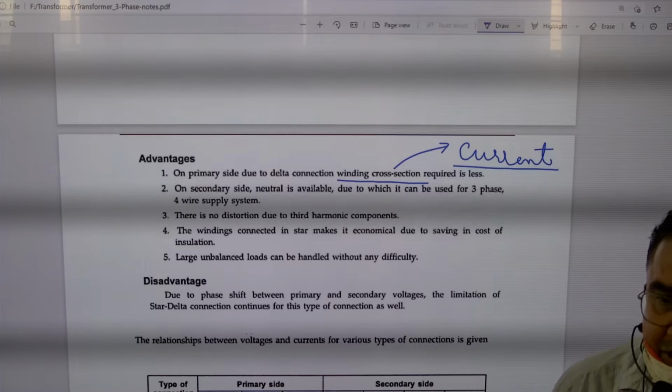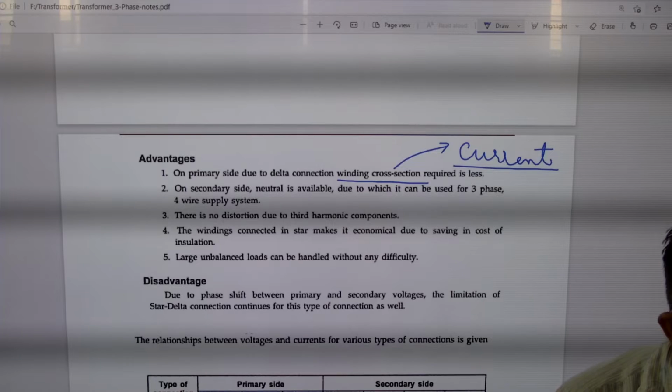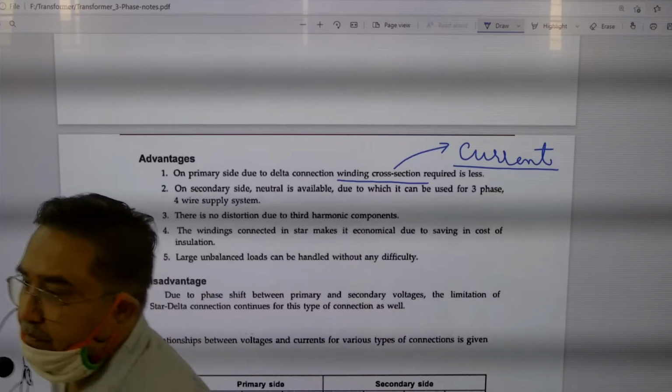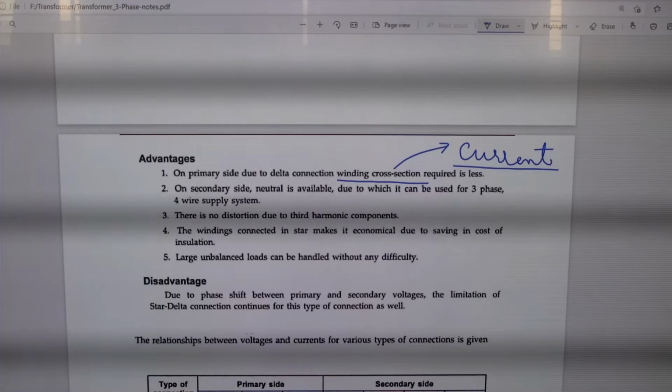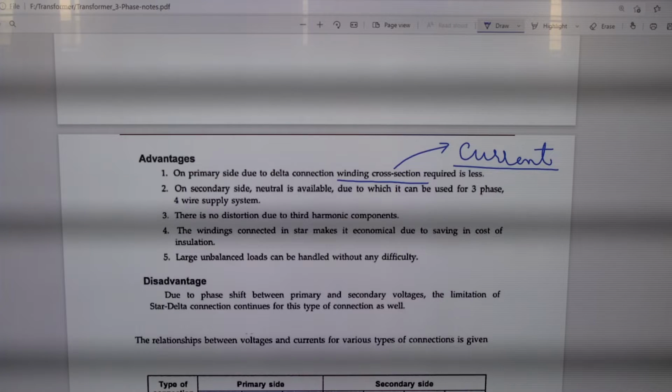So the cross section of the wire increases as the current capacity increases. So here in delta, line current is equal to phase current. Current is the same. Okay. However, in star connection, the line current is root 3 times the phase current.